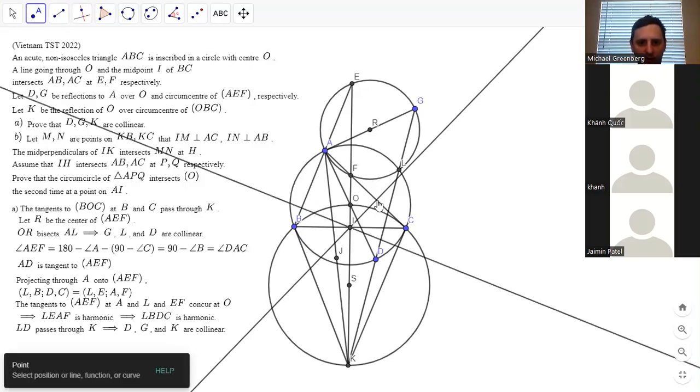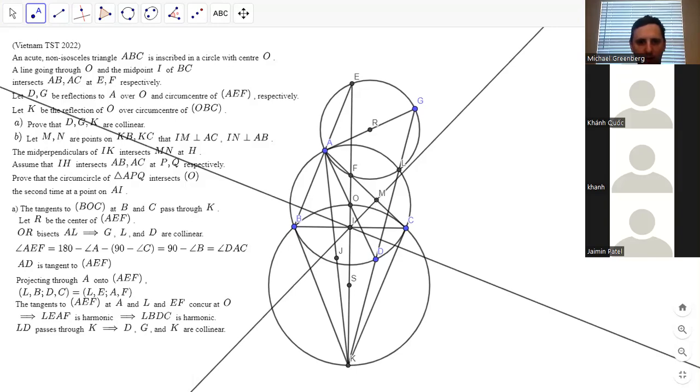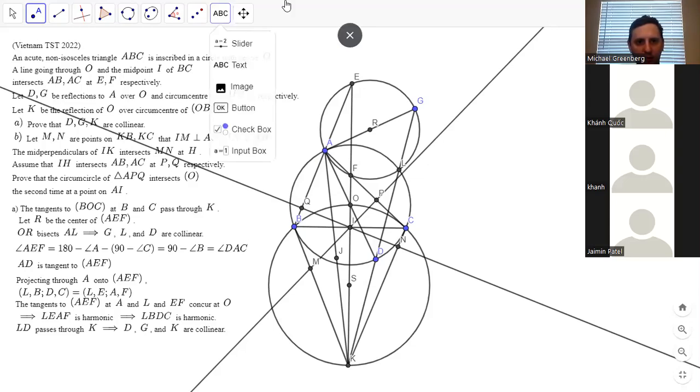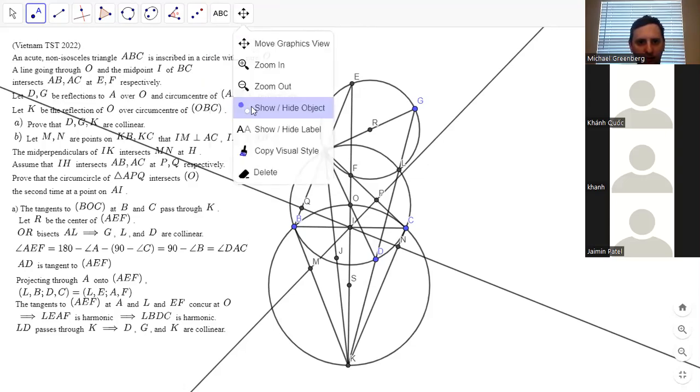So this, I'll draw, okay, so this is M, and this is N, and I'll draw these two perpendiculars, P and Q. Then we draw the perpendicular bisector of IK, and we see where it meets MN. Oops. Let me make this look nicer.